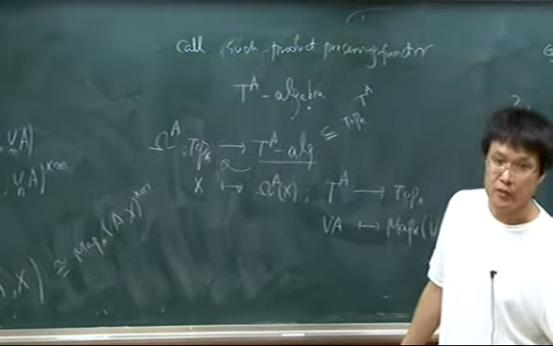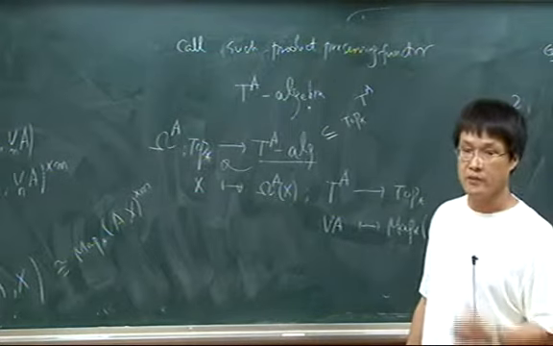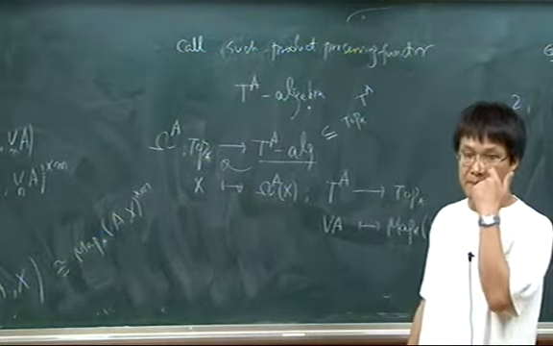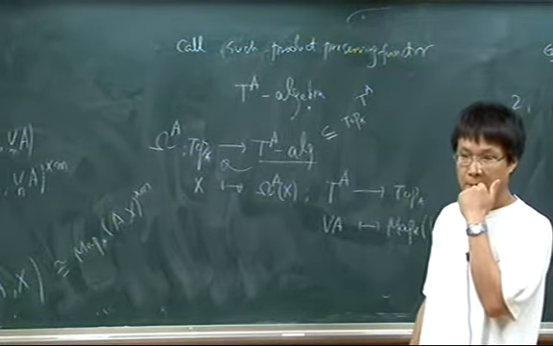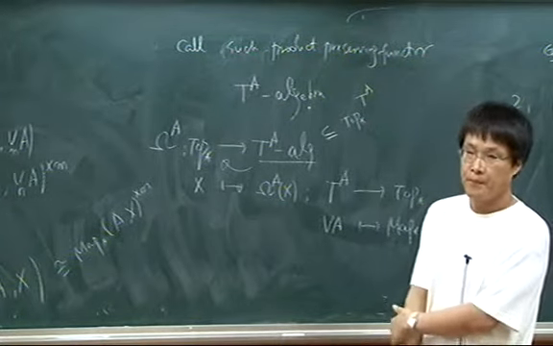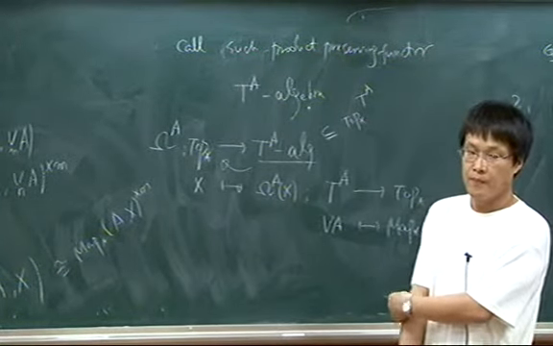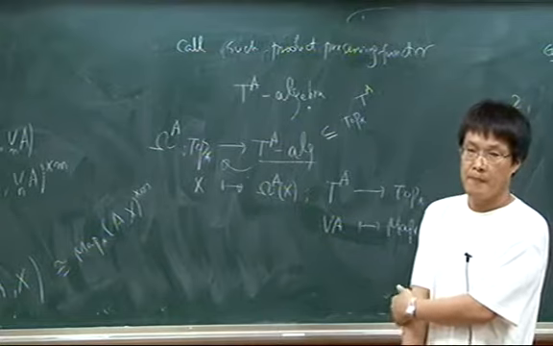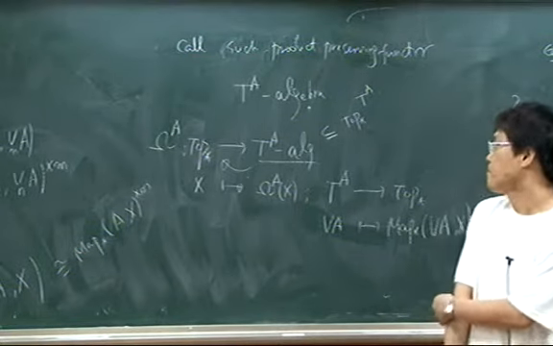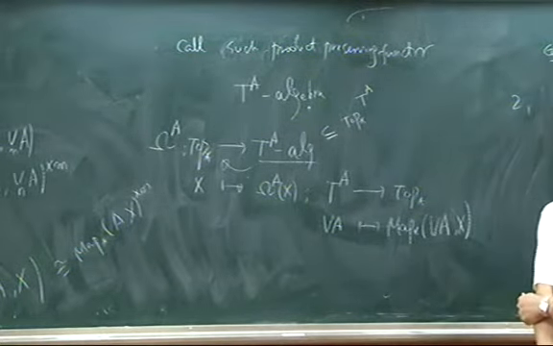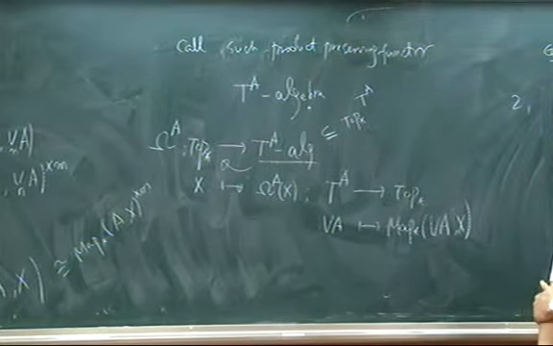Topological space? Yeah, topological space. Yeah, pointed. So for each point in space, we have just associated a functor that sends the object to TA. So from the topological category, you have the TA algebra category.